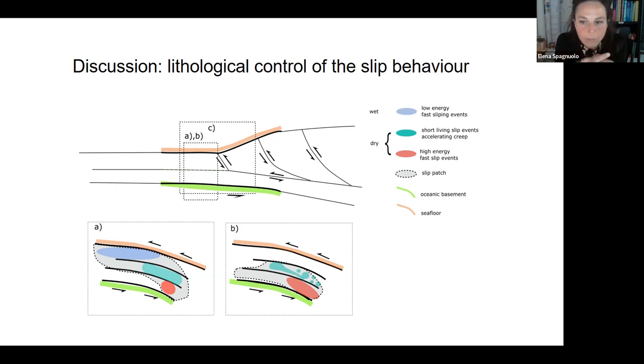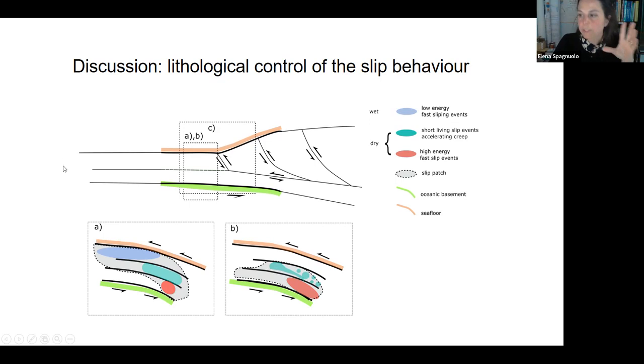We want to summarize all the results that we had from this novel experiment. If this is a sketch of the subduction zone, the idea is that in this very shallow region, where we can simulate the conditions of shallow subduction earthquakes, we can imagine that this region is made of a volume of sediments which are very thick in some cases. Each of these sediments is behaving differently.